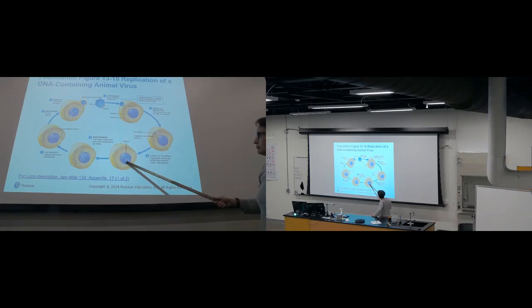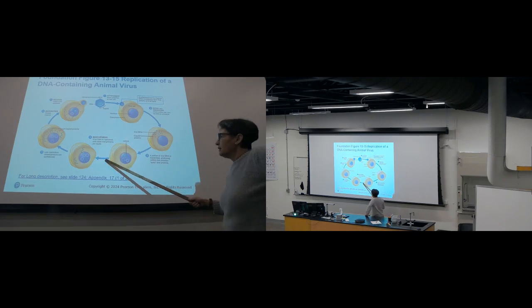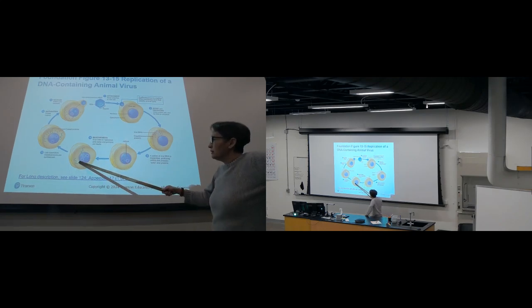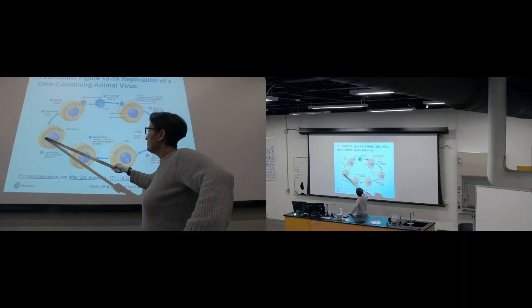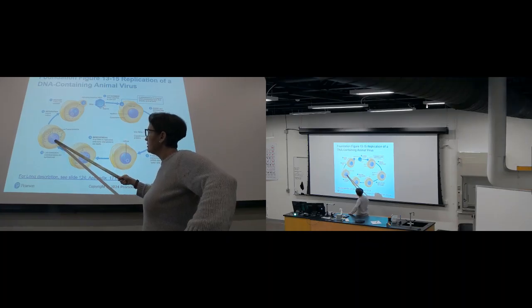And then the DNA migrates into this nucleus where you make this messenger RNA, and then you will exit this messenger RNA while you make more copies of the DNA inside the nucleus, and then you make these structural proteins that are going to be forming the capsid, and then all of these copies of DNA that you have inside the nucleus have to be assembled.